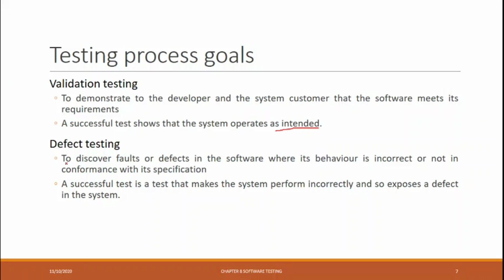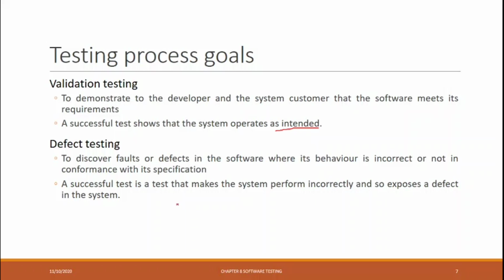Defect testing is to discover the faults or defects in software where its behavior is incorrect or not in its specification. A successful test is a test that makes the system perform incorrectly and so exposes a defect in the system.